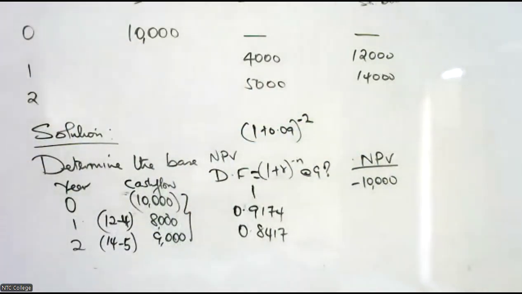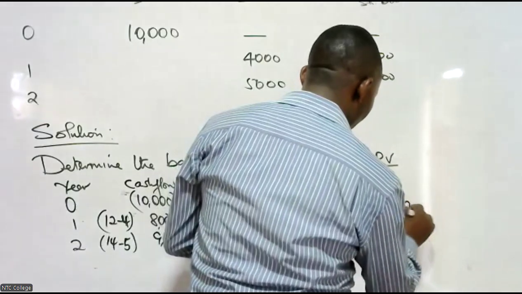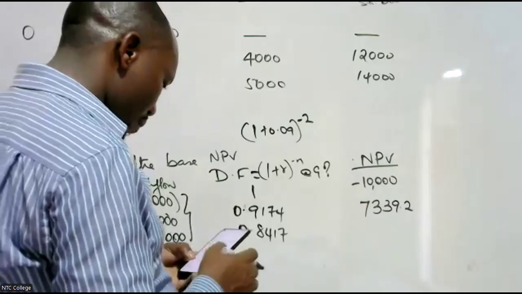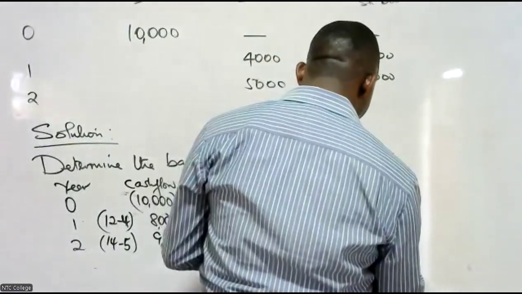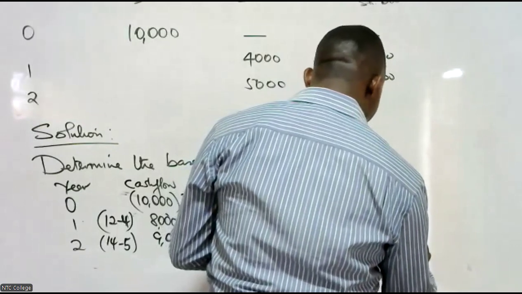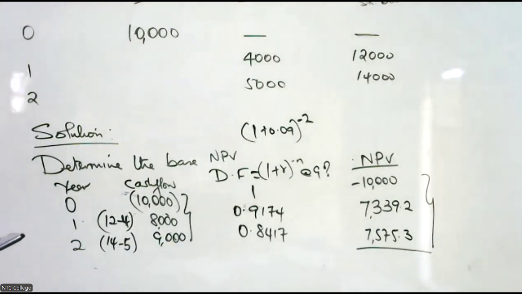Multiply 8 times 0.9174. What are you getting? 7,339.2.